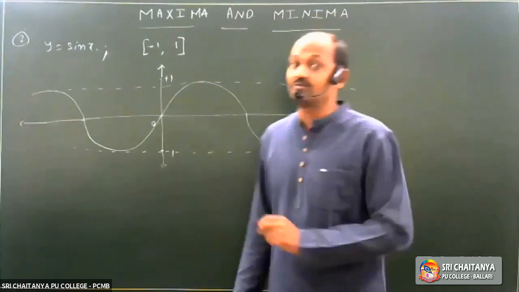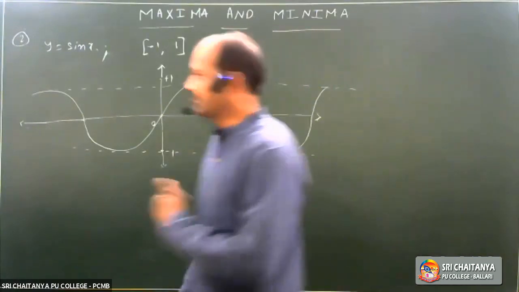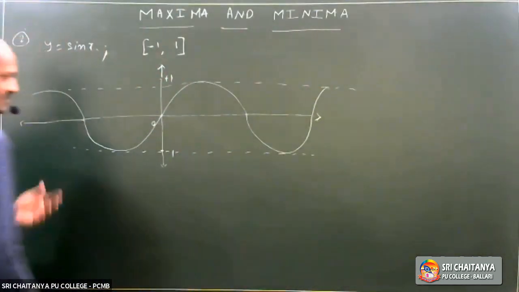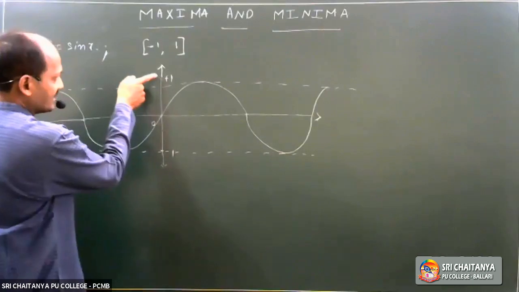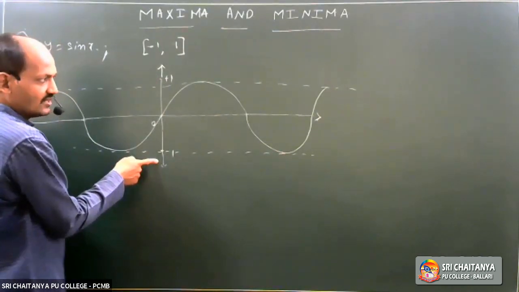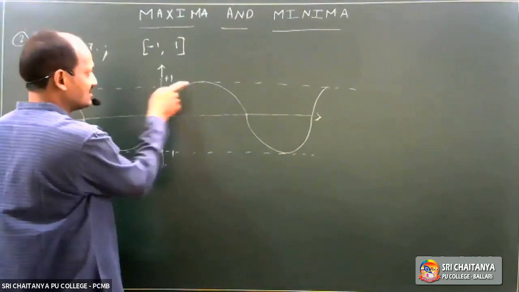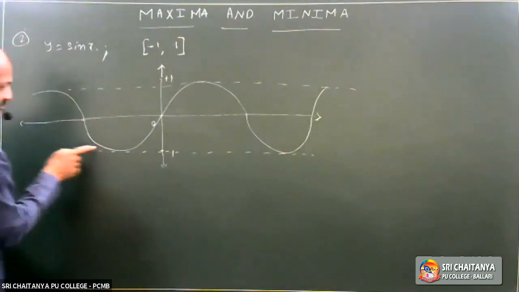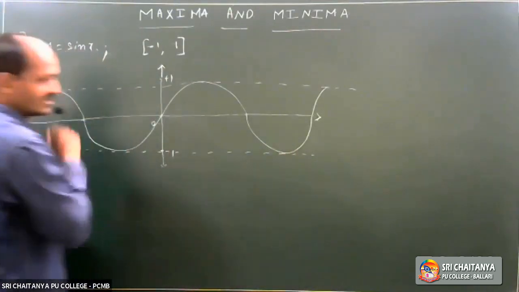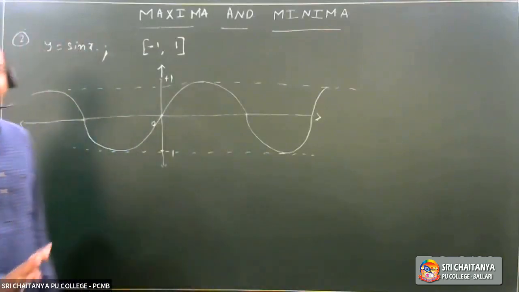But here there is no absolute maximum and absolute minimum, in case of any values between minus 1 and plus 1. Here the maximum is plus 1, minimum is minus 1. There is no alternate maximum value. So the sine graph has maximum value plus 1, minimum value minus 1.